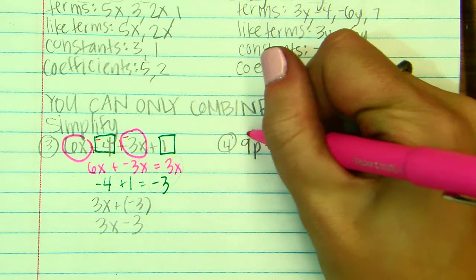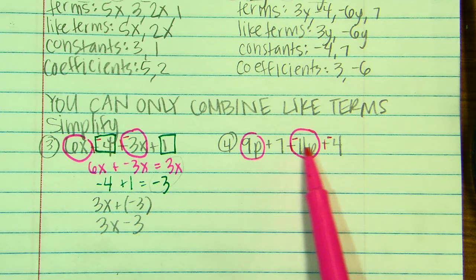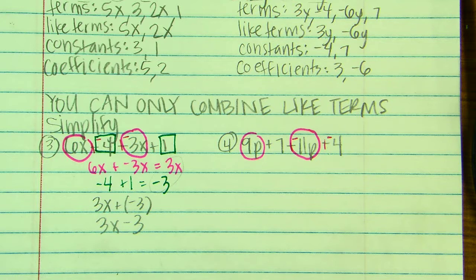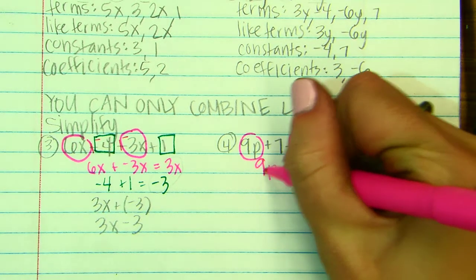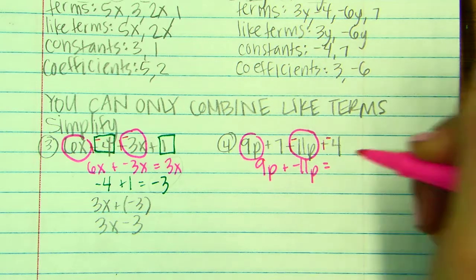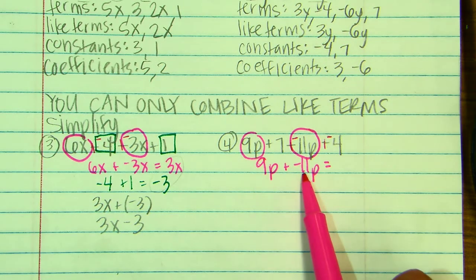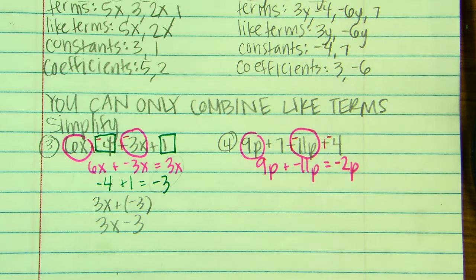These two are like terms, and I know I'm going to add them because I changed everything to be adding. So I have 9p plus negative 11p. And I'm going to add the coefficients. 9 plus negative 11 is negative 2, so I have negative 2 times p.